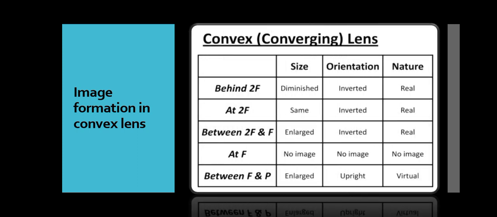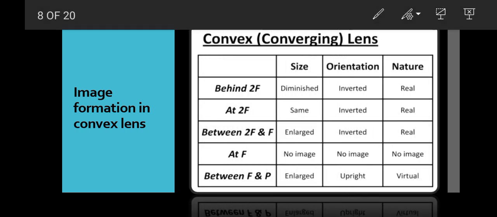Now, how are images formed in convex lenses? Let's see. This is a table which shows the size, orientation and nature of the images formed by a convex lens. You can see that it all depends upon the location of the object in front of the lens. If the object is located beyond 2F, the image will be real, inverted and smaller in size.